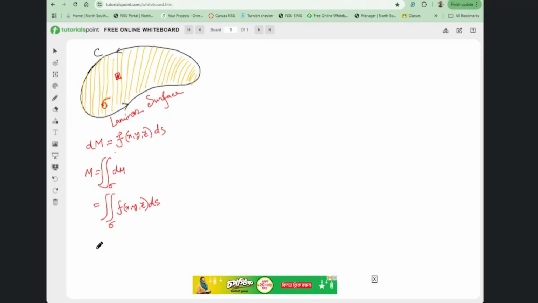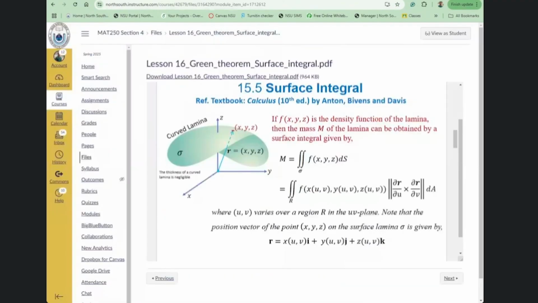If we have such a scenario for the surface, a function of x, y, z, then this ds can be written in one way, but another process is this.